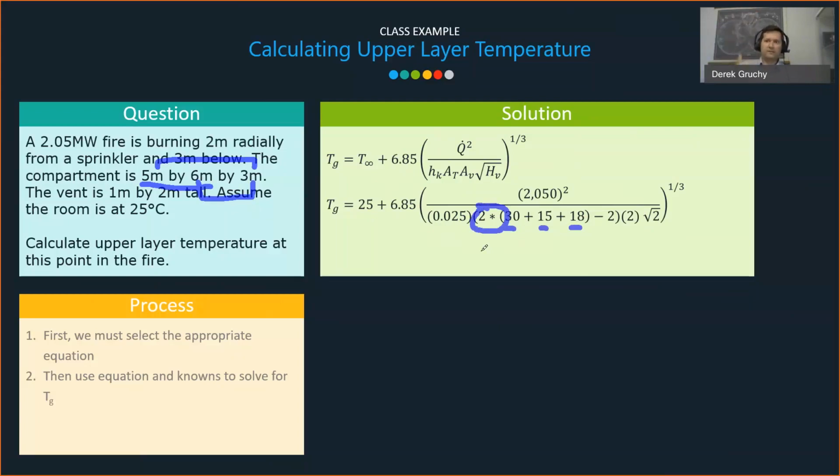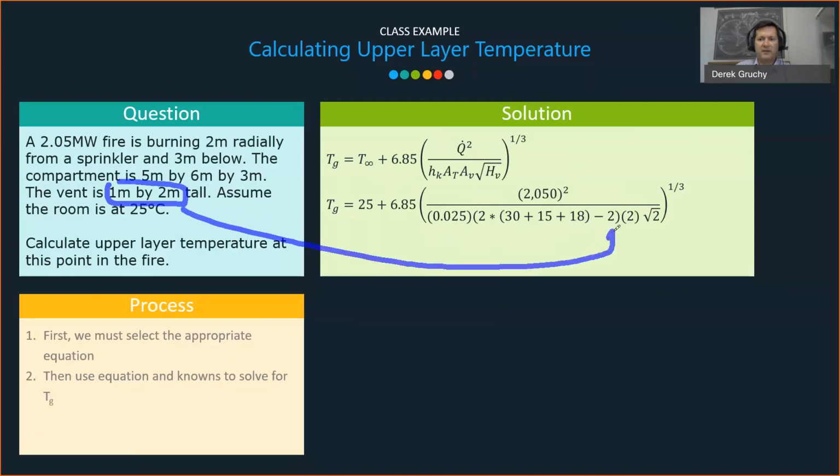So the floor and the ceiling, this wall and that wall, and that wall and that wall. Okay, so we're going to multiply those by 2. And then we take away the 2 for the vent. So we've got the vent area 1 by 2. So that is the minus 2. Okay, and then we multiply by the area of the vent, which is 1 by 2, so 2, and the height of the vent square rooted, which is 2 meters, so square root of 2.